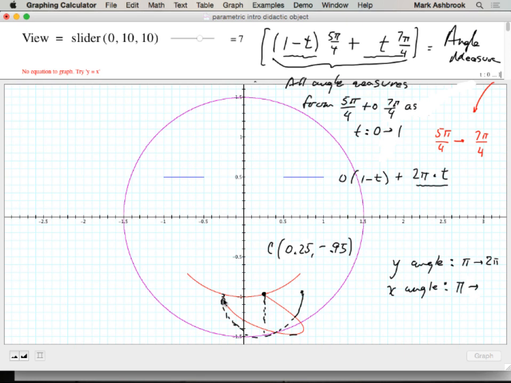Simultaneously, x's journey is out to the right and then back to the middle. So that would be pi to what? The x coordinate reaches 2 pi here.